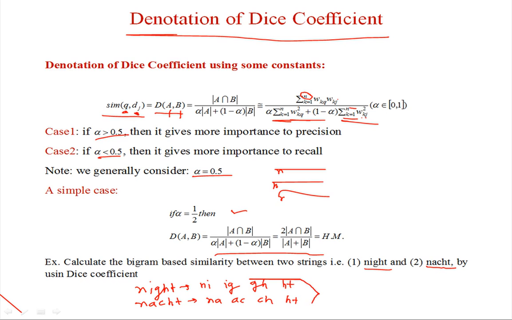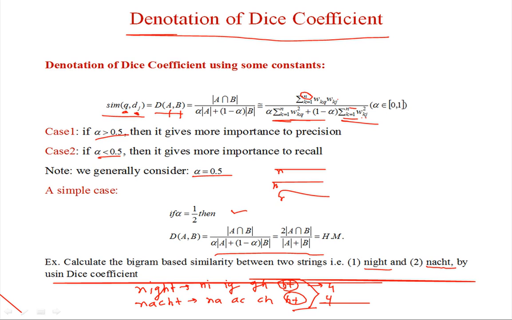Now by using these bigrams we can easily calculate the dice coefficient. We find that only one bigram is common in both strings, and the cardinality of this is 4 and the cardinality of this is also 4.